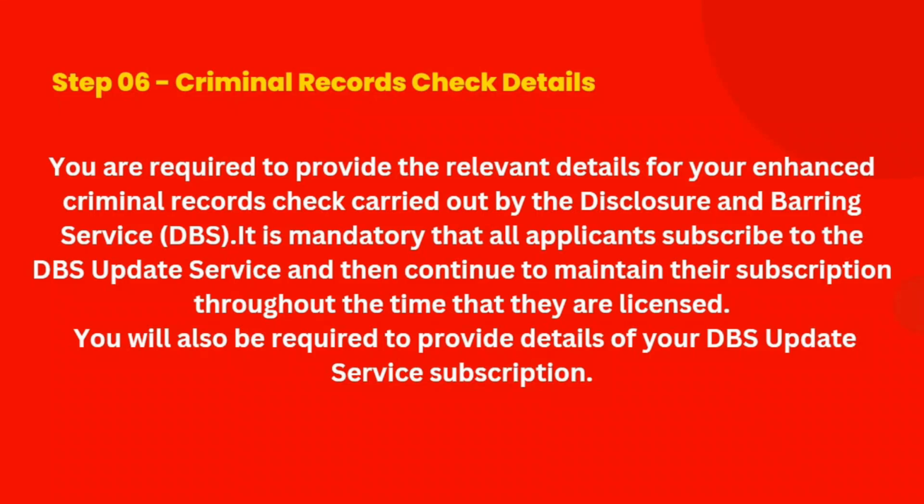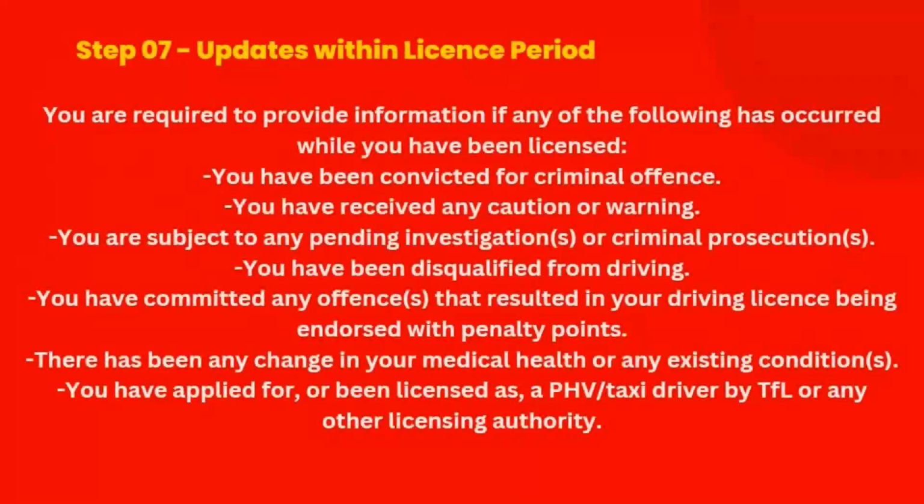Step 07, Updates within license period. You are required to provide information if any of the following has occurred while you have been licensed. You have been convicted for criminal offense. You have received any caution or warning. You are subject to any pending investigations or criminal prosecutions.